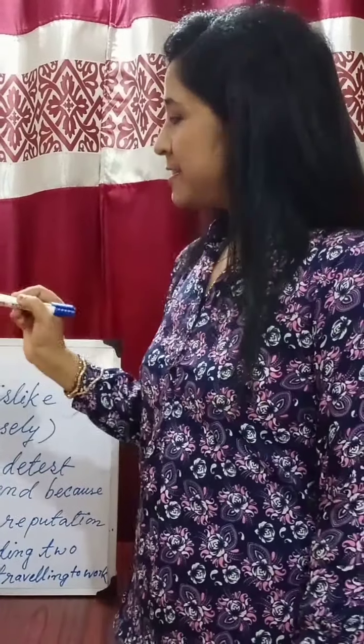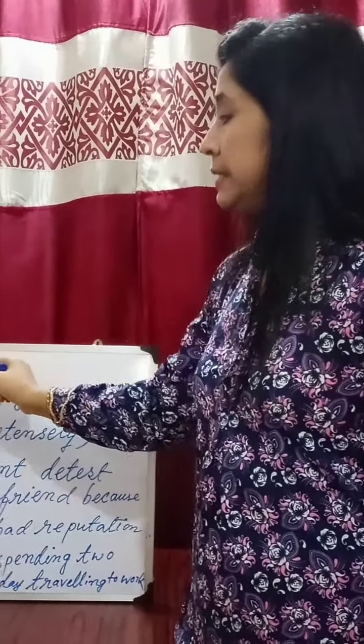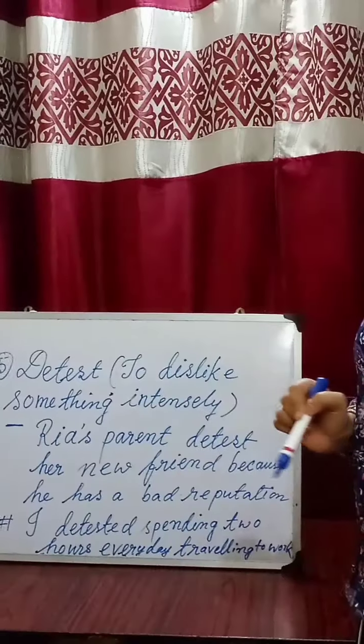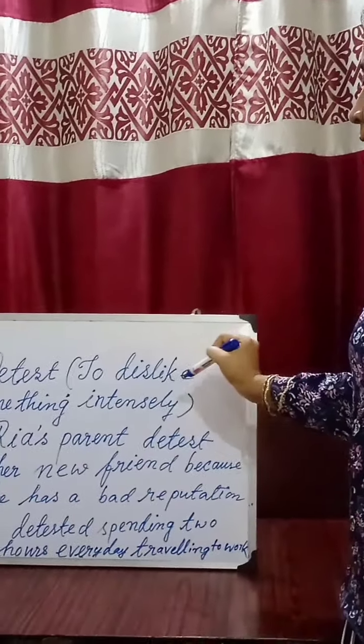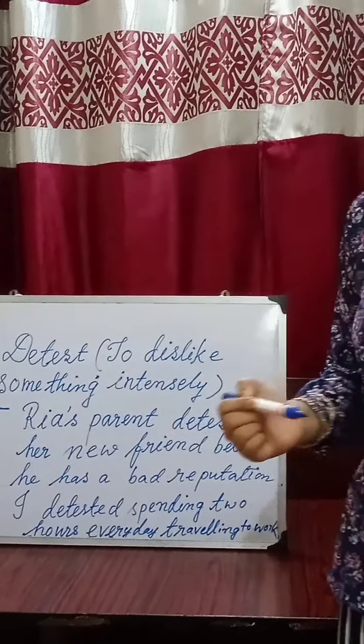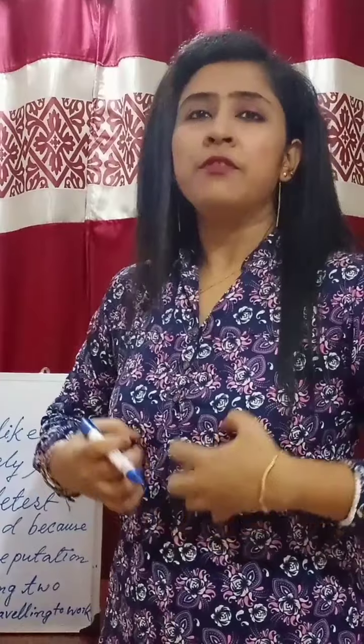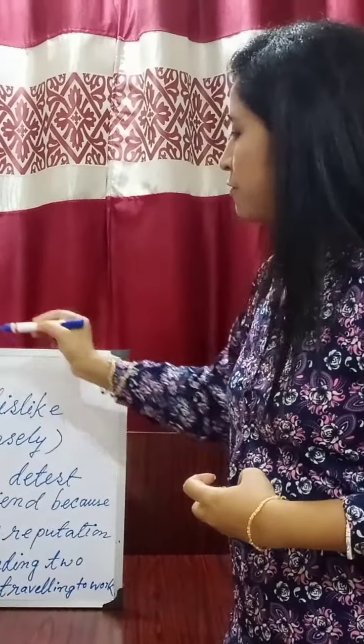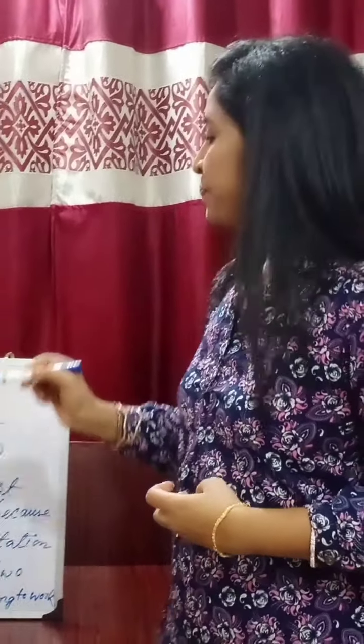So the last and fifth idiom is "detest". Detest means to dislike something intensely, when we dislike something from the very core of our heart. So let's frame the word in a sentence.